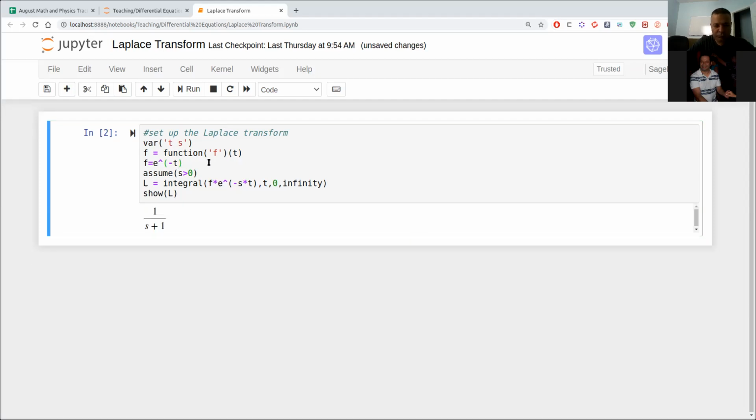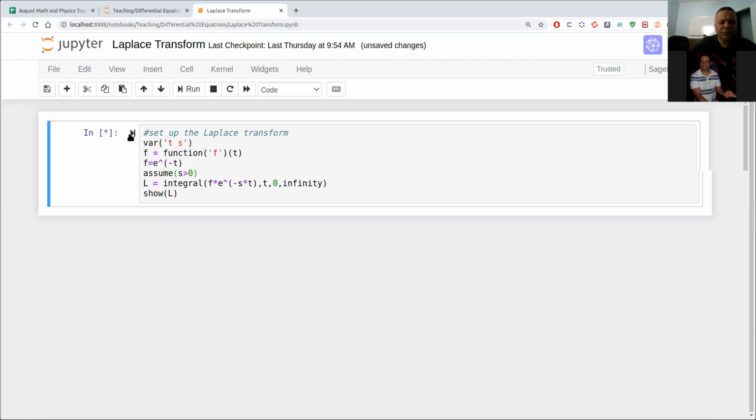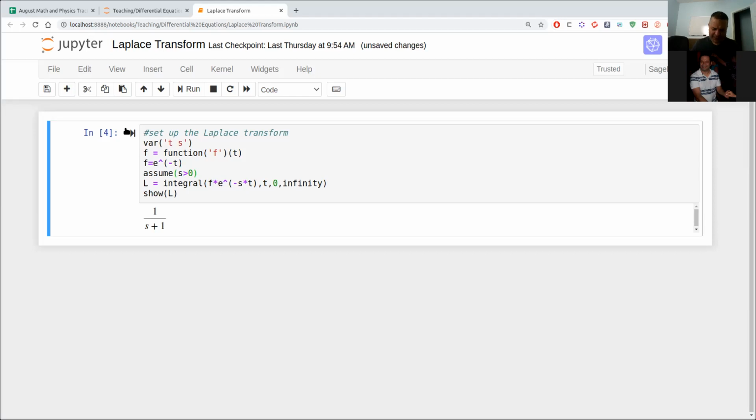Nope. Maybe I have the algebra wrong. Let's check. Yep, there's where it's wrong. So our assumption should actually be s bigger than 1. Well, let's just keep s bigger than 0. We're going to talk about that assumption in a minute.